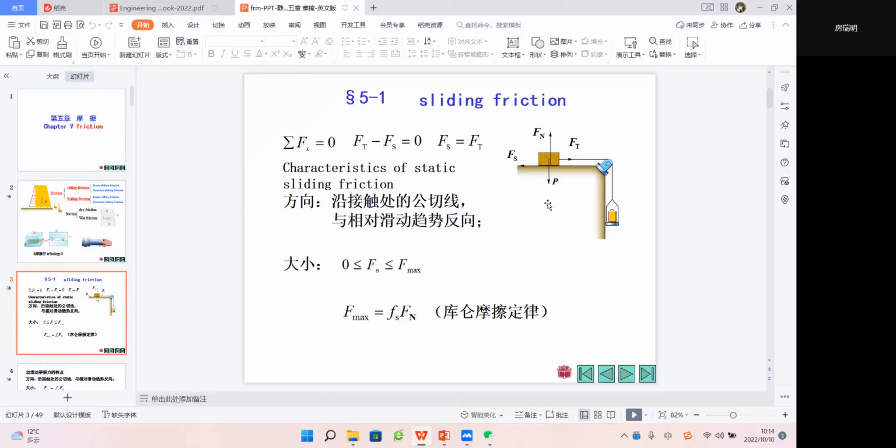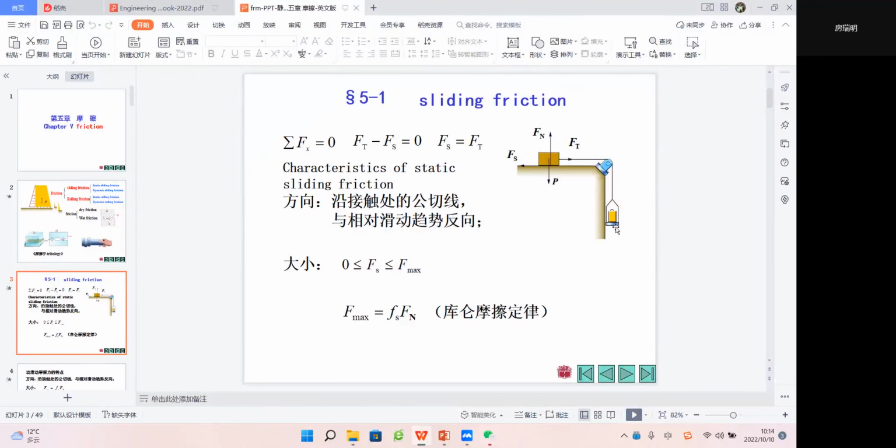On the vertical line, you see it has a support force Fn and gravitational force P. So we have sigma Fy equals 0, so Fn minus P equals 0. So the magnitude of Fn will equal P. We all have this life experience.